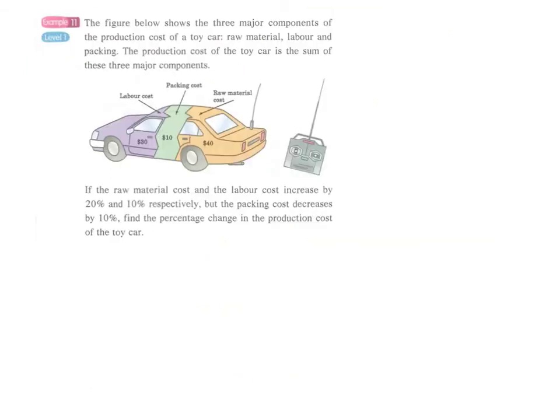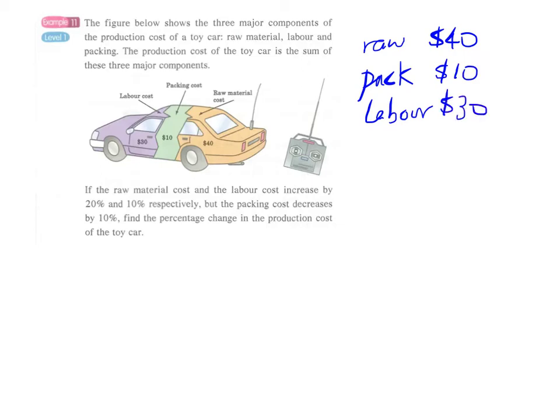Okay, example 11. The cost of producing this toy car is the sum of 3 parts: raw material, packing cost and labor cost. We can write down the values in a table like this one. Raw material $40, packing cost $10, and labor cost $30.